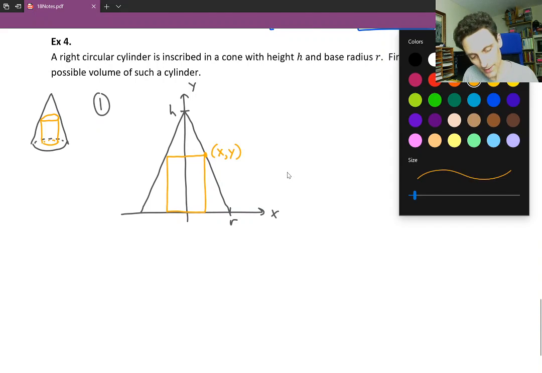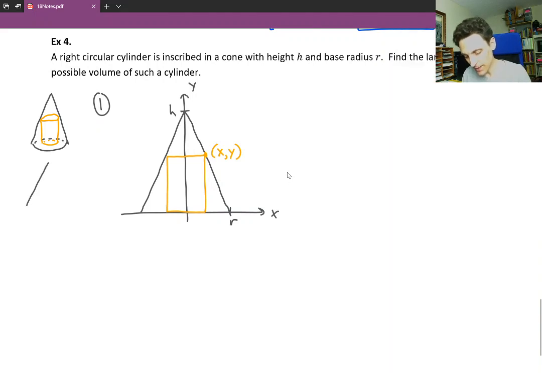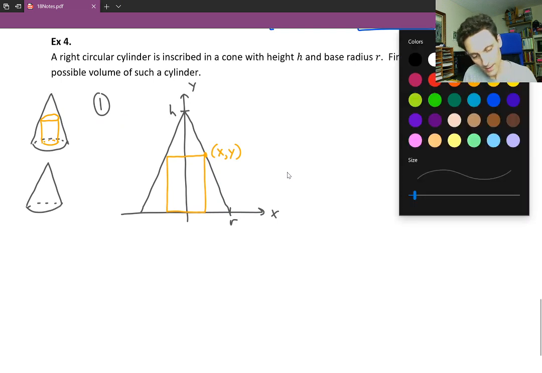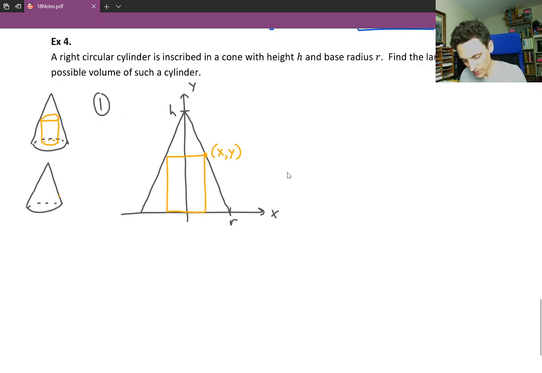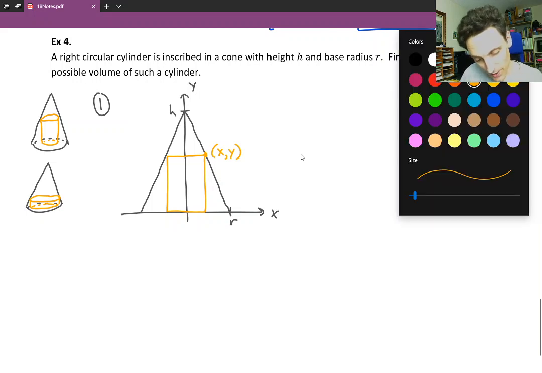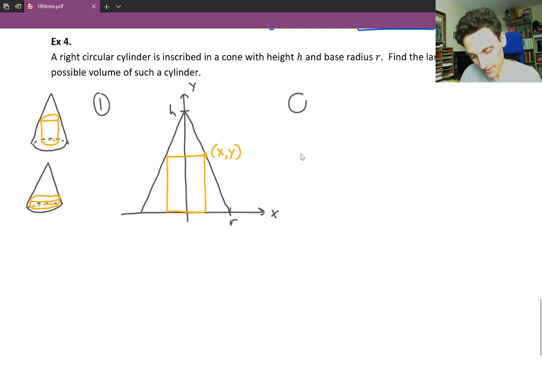So there are all kinds of cylinders you can inscribe inside of that cone. Let's draw one where the control point is down here. That's going to lead to a very short but very wide cylinder. So then our goal is to find the largest possible volume of such a cylinder.